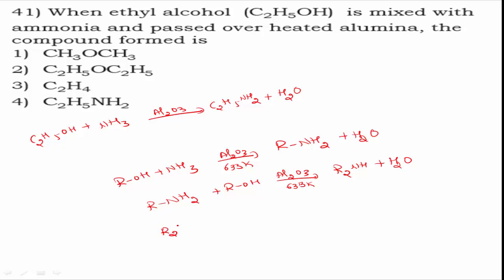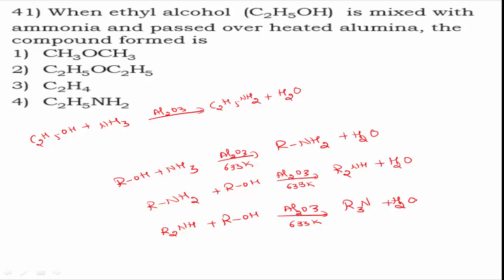Similarly, R2NH plus ROH in presence of Al2O3 at 633 Kelvin gives R3N plus H2O. This means a mixture of an alcohol and ammonia in vapor phase passed over heated alumina at 633 Kelvin gives a mixture of primary, secondary and tertiary amines.